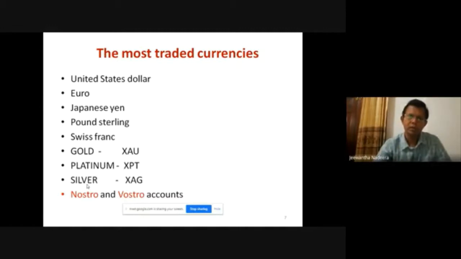Gold, in the dealing arena, we call it XAU. This is how you interpret it. Sri Lanka rupees, how do you say it? LKR. Japanese yen, JPY. Similarly, gold should be XAU, platinum XPT, silver XAG.